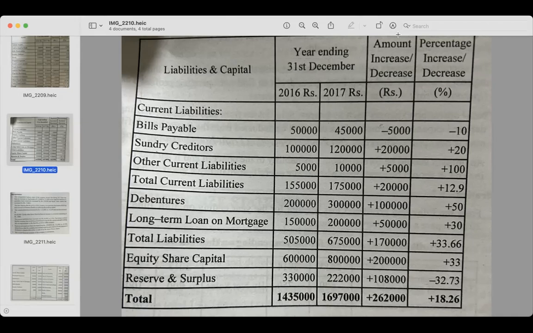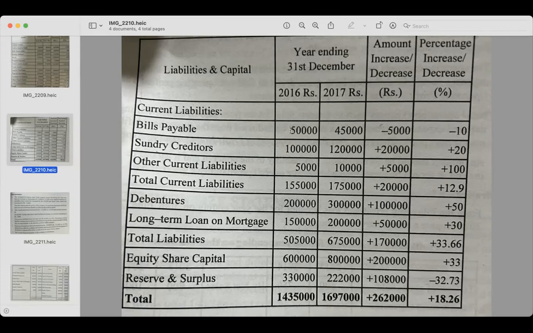The solution is only the increase or decrease column, and the percentage increase or decrease column. These two columns are added so that it becomes your full-fledged solution. Bills payable in the year 2016 is 5,000, and in 17 it is 45,000.